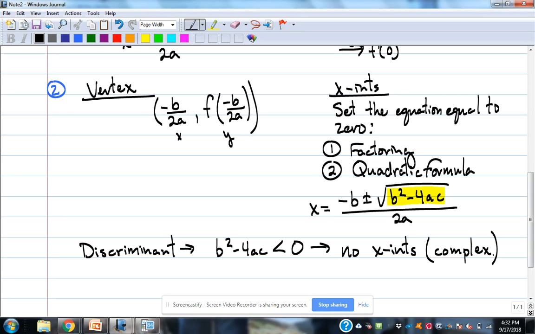So the discriminant can tell us whether or not we even have x-intercepts. If the discriminant is less than 0, meaning it's negative, then we're not going to have any x-intercepts. We're going to have two complex solutions, which means it does not cross the x-axis. If b squared minus 4ac is equal to 0, we're going to have one x-intercept.